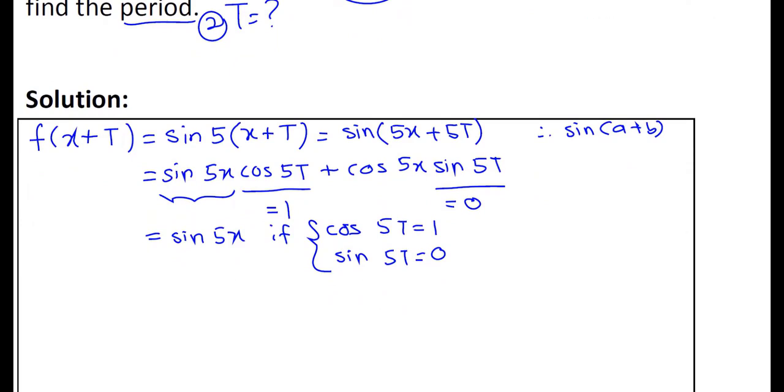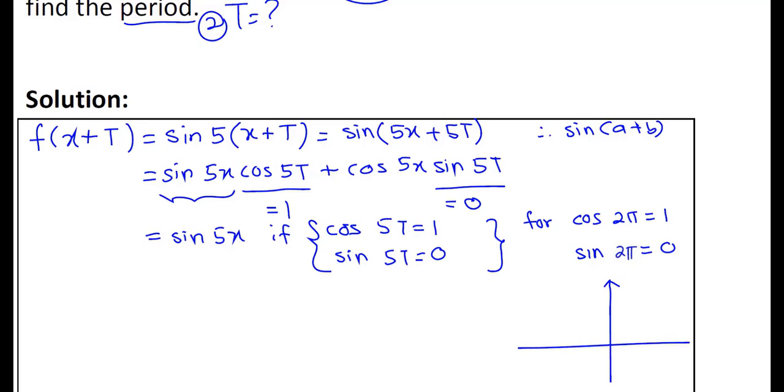Then we get sin 5x, the same as f(x). Cos 2 pi is equal to 1 and sin 2 pi is equal to 0. How do we get this?